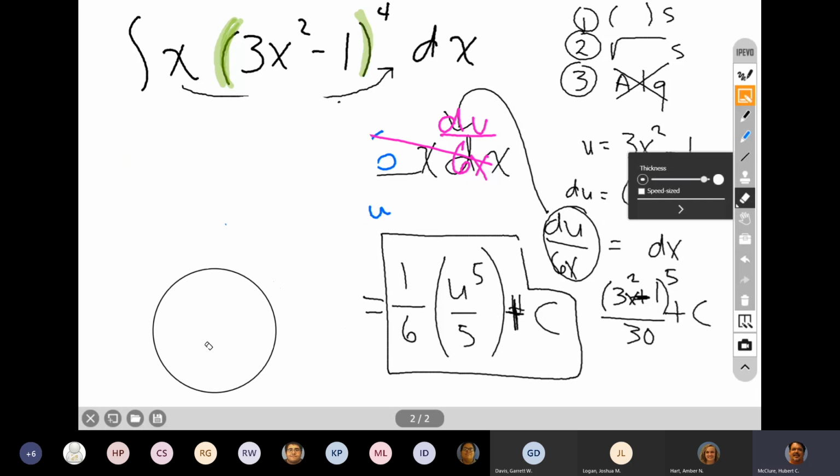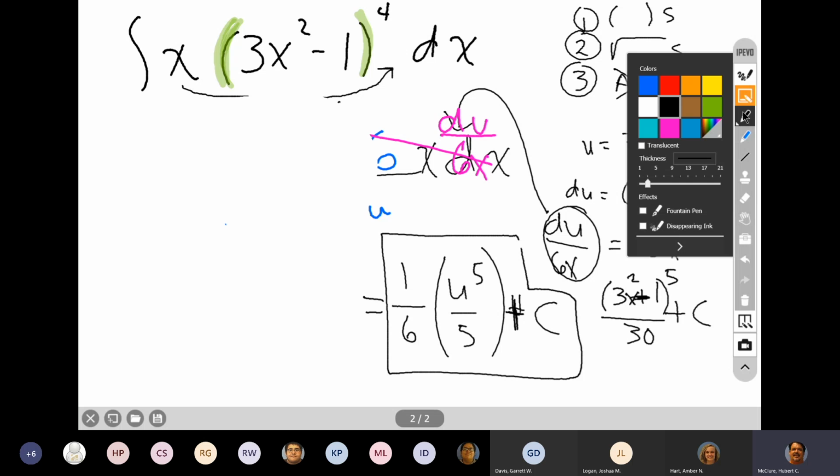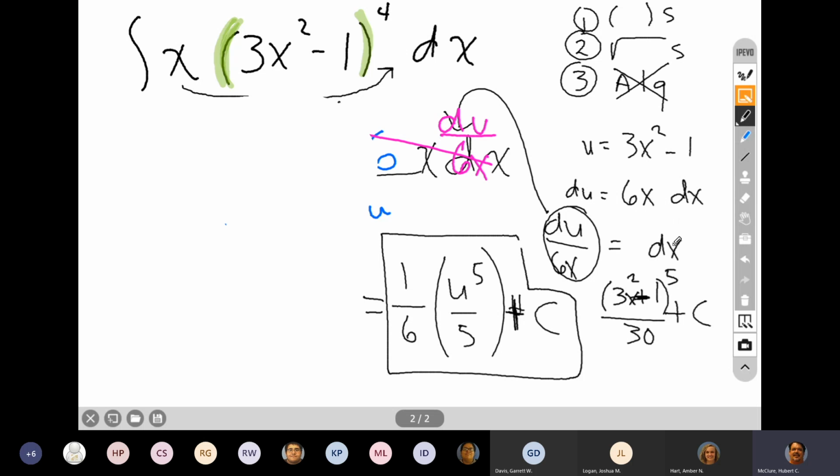All right, let's take the derivative of 1/30 times 3x squared minus 1 to the 5th power with the chain rule.